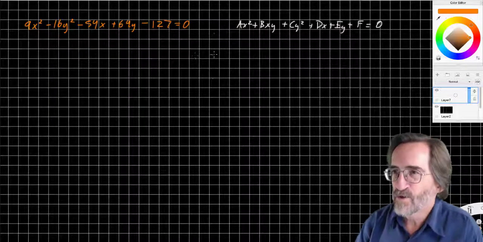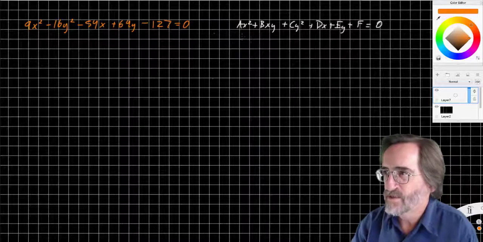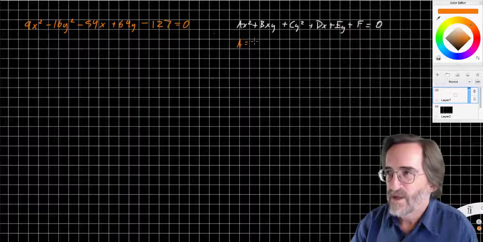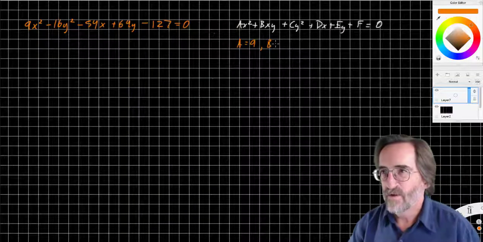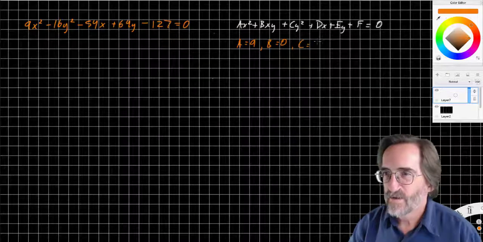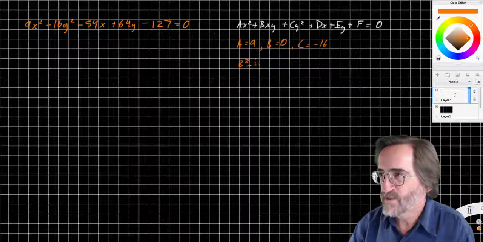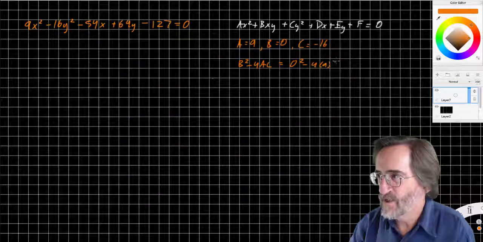All right, and so we can tell there's no xy term here, so a in this case is 9, b is 0, and c is negative 16. So b squared minus 4ac, the discriminant, is 0 squared minus 4 times 9 times negative 16.